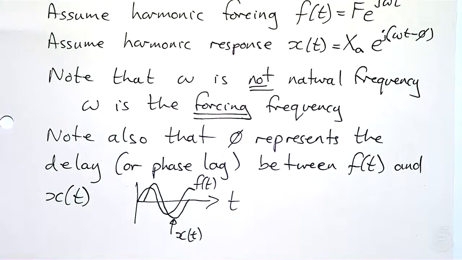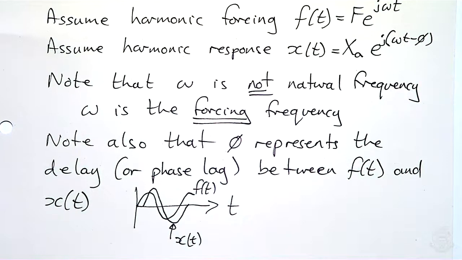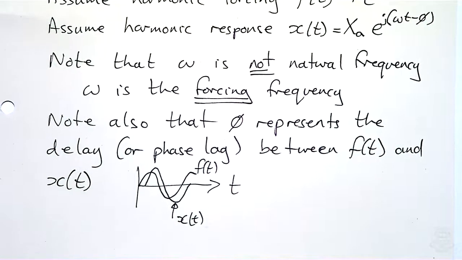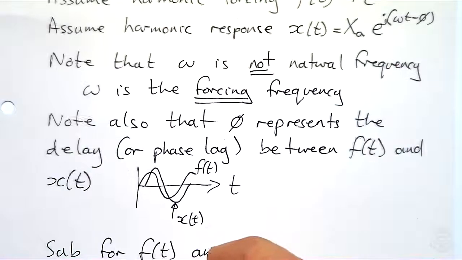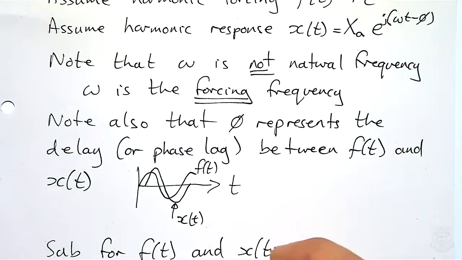So what we're going to do is exactly what we did in previous times: we take these expressions with exponentials in and we substitute in the equation of motion. So we sub for f of t and x of t in EOM, equation of motion.